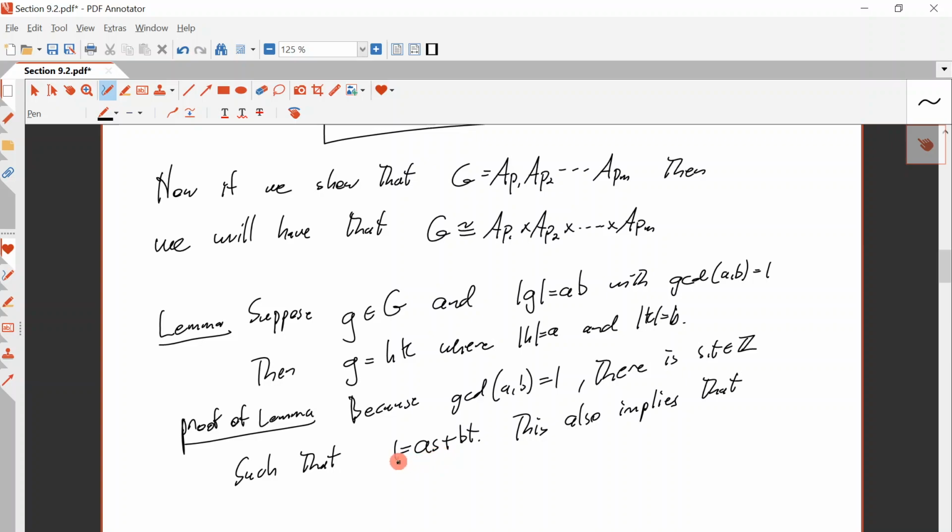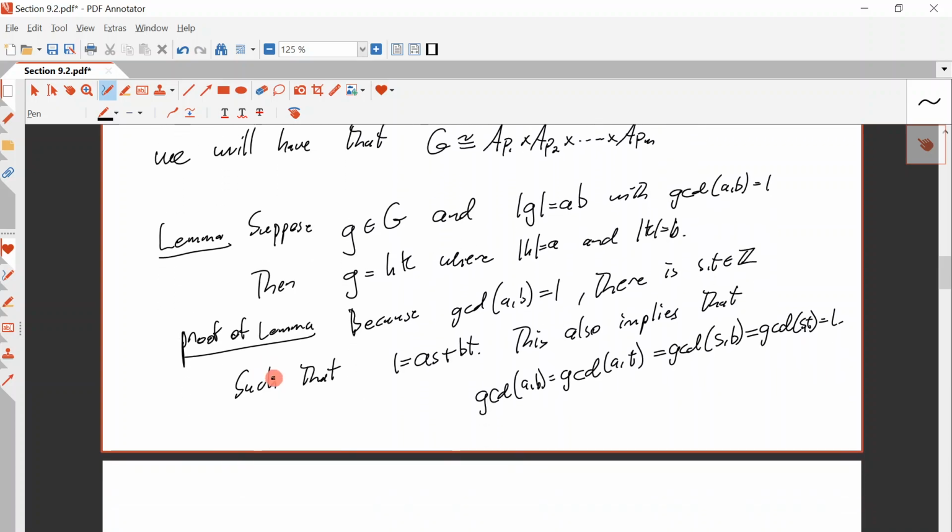And of course, 1 is the smallest positive integer there is. So not just the GCD of a and b is 1, but the GCD of s and t is 1, of s and b is 1, and t and a is 1. So all four of those numbers are pairwise relatively prime.